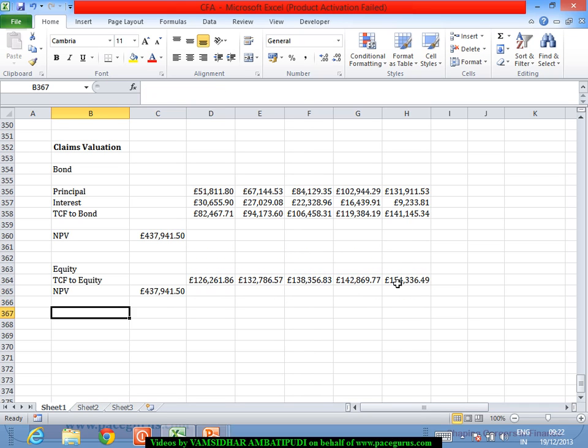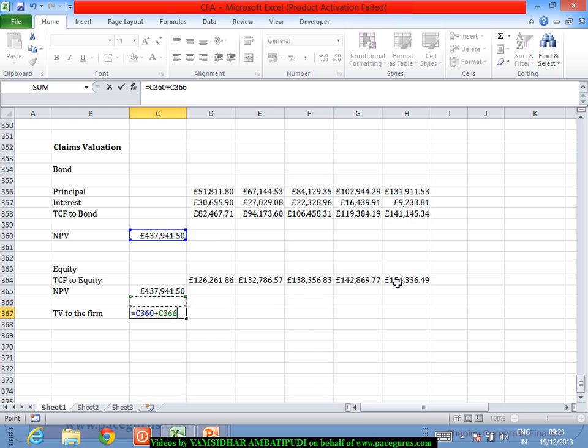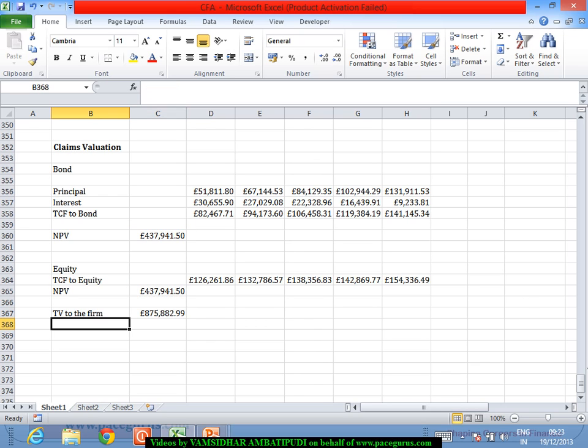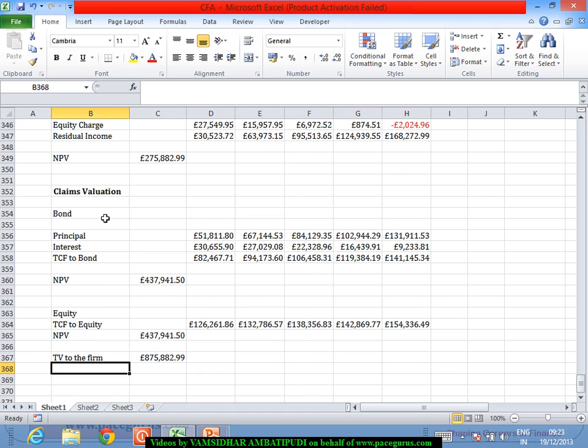The summation of these two will give me the total value to the firm, the sum of value to the equity plus value to the debt investors. So this should be again matching up with the total value of the firm. Out of that you remove your initial investment, and it will give you the total NPV for the project.